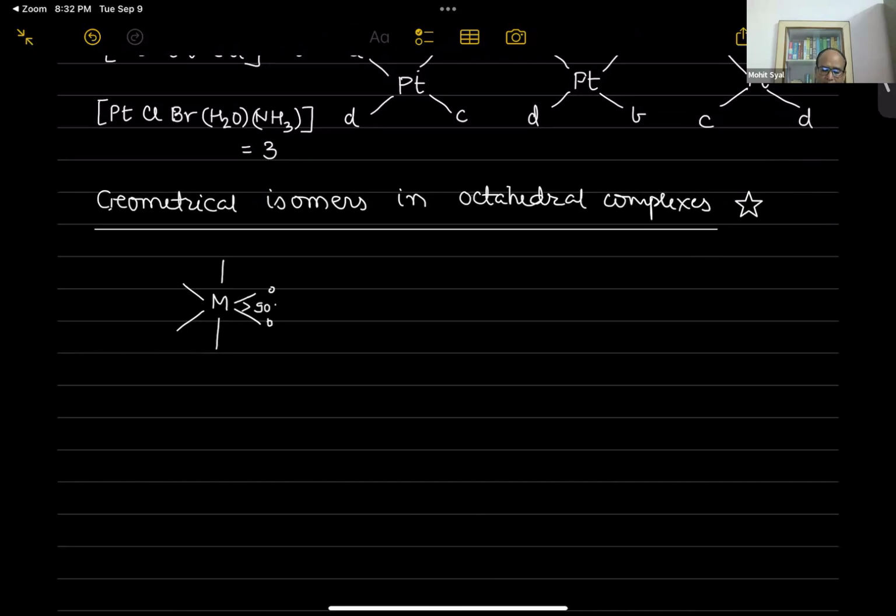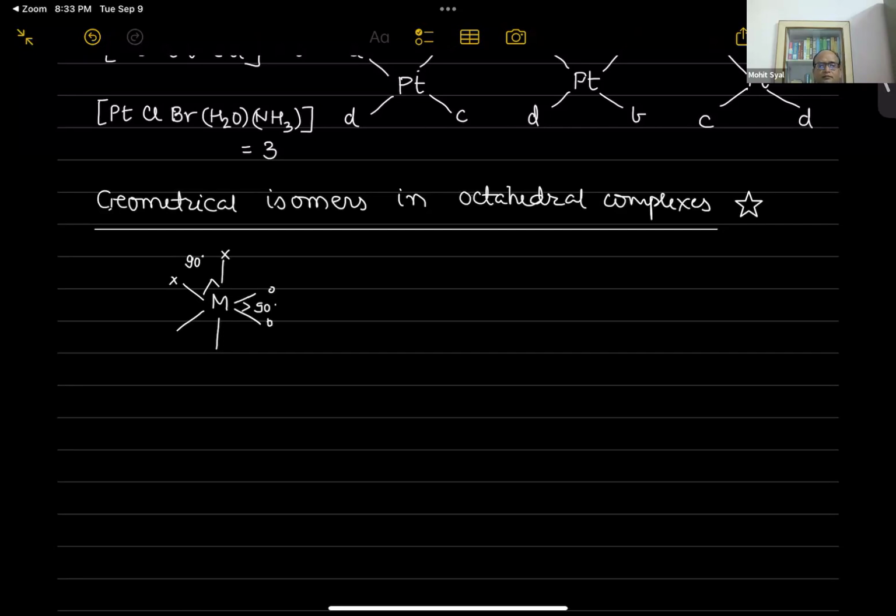And what about this position and this position? The positions represented by two crosses, that also is 90 degrees. Getting my point or not? Yes, sir. That is also cis. So do we have transposition in an octahedral complex?